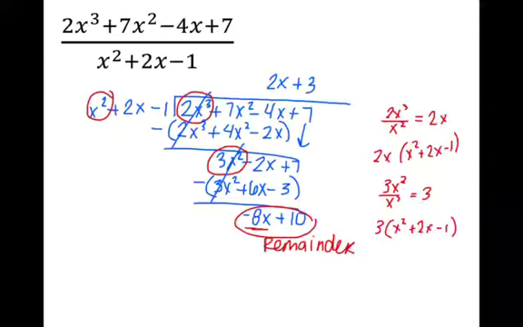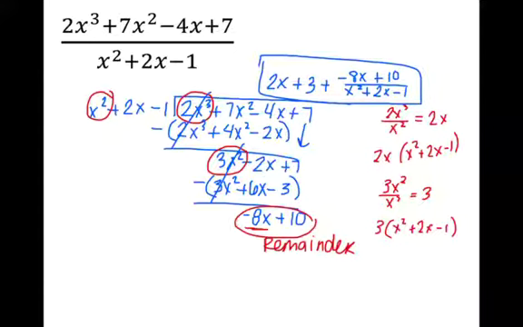So I'm going to put that on the end, say this is plus negative 8x plus 10 all over x squared plus 2x minus 1. And that's my answer.